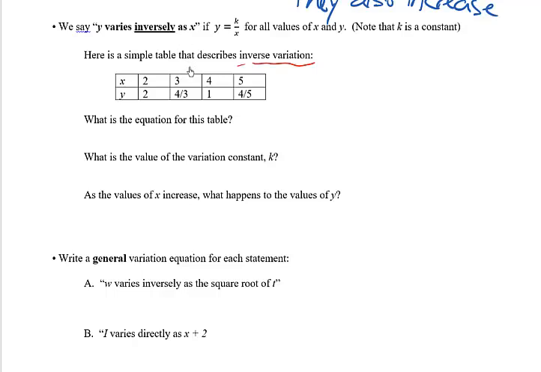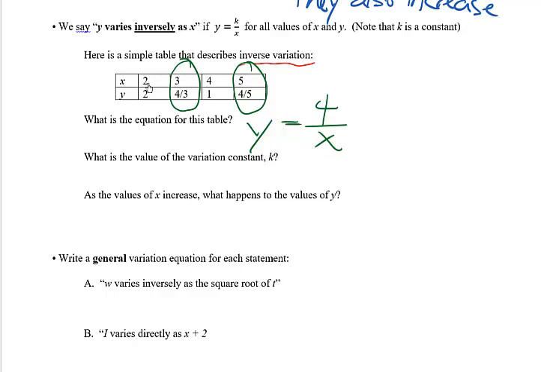I think probably the best places to see it are in this column and this column, partly because you can actually see the division taking place, right? Here I had 3. The answer is 4 divided by 3. Here I started with x equals 5. The answer is 4 divided by 5. It looks like the constant that I kept using was a 4. In other words, I think the equation here is y equals 4 divided by x.